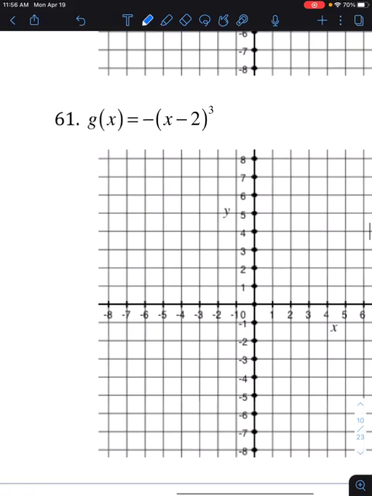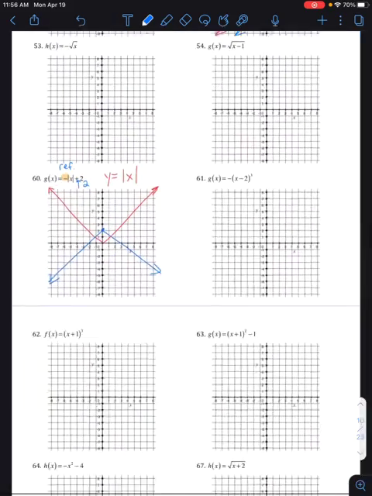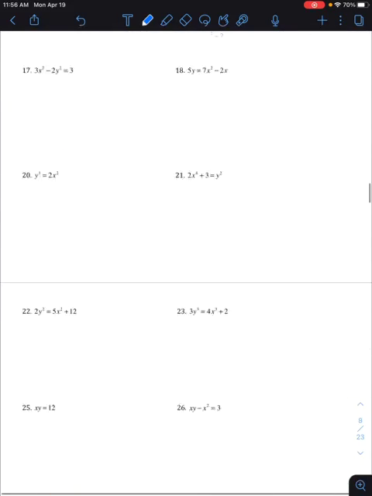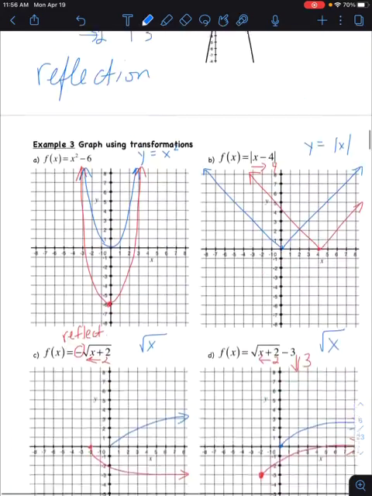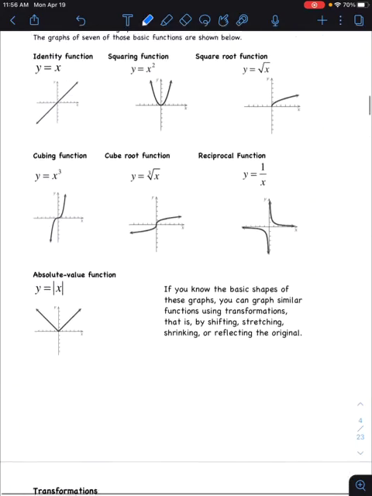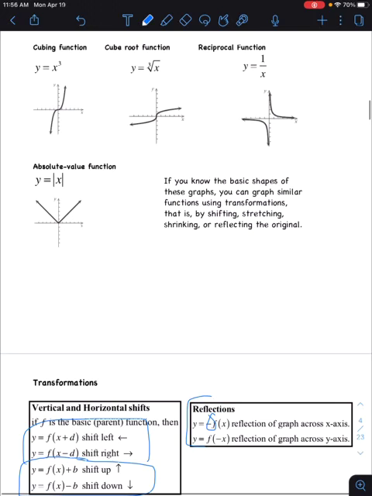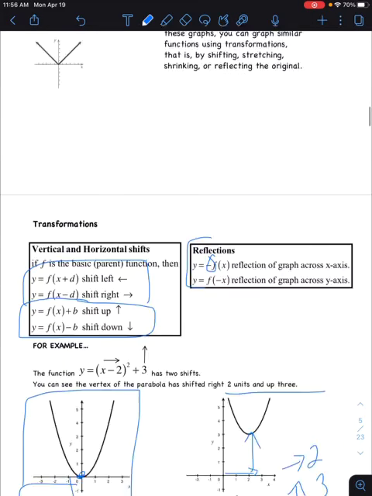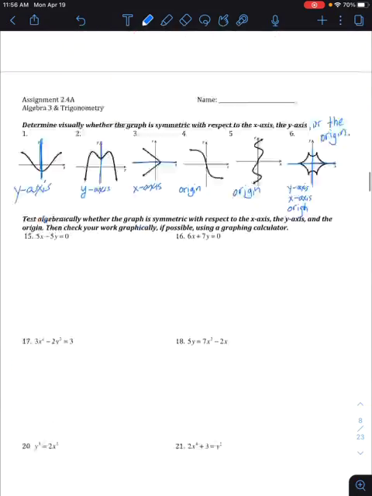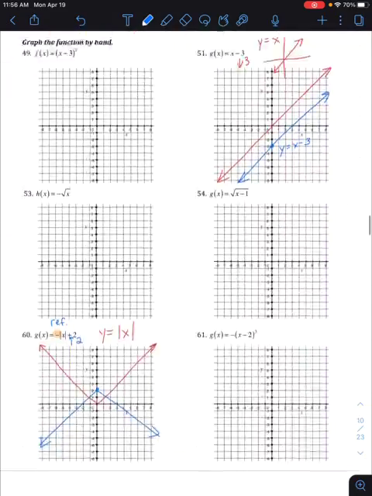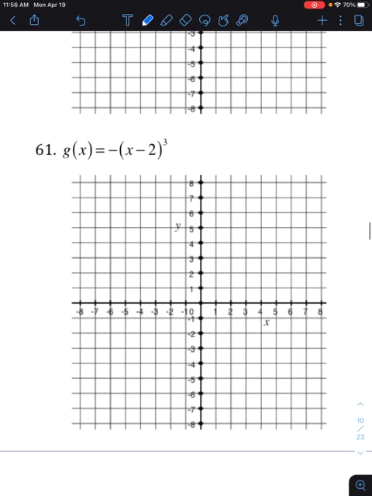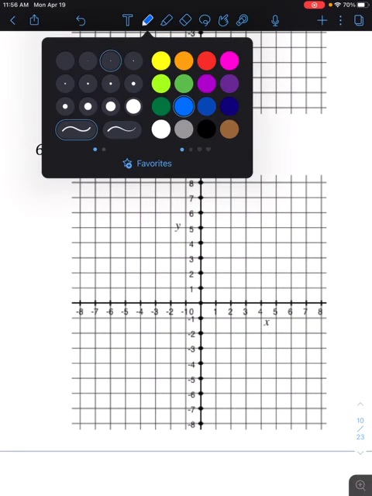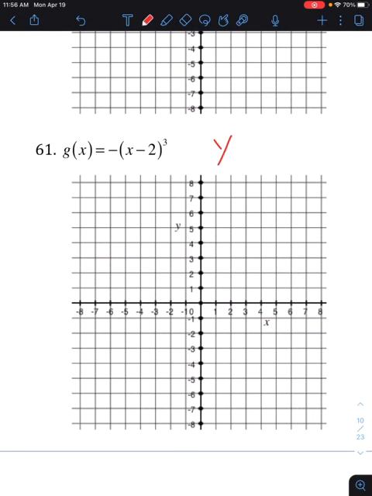Okay, number 61 is one you guys haven't seen yet. Let's take a look up. What's the x cubed look like? Right here on the top left of the screen. Okay, right here. So the parent, so it's y equals x cubed.